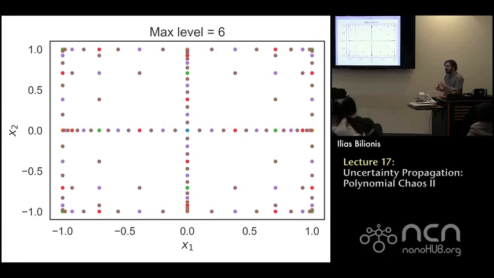Now, I don't know if you noticed that, but if you look carefully, you will start seeing patterns. Initially you have a big square, and you're taking nodes in that big square.